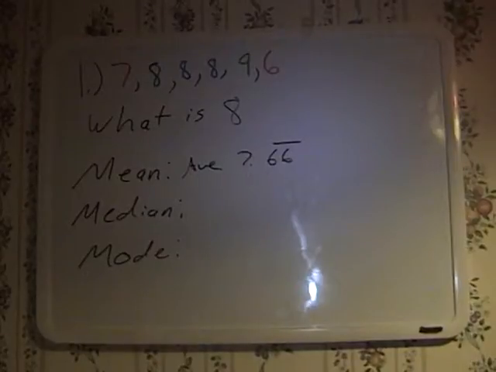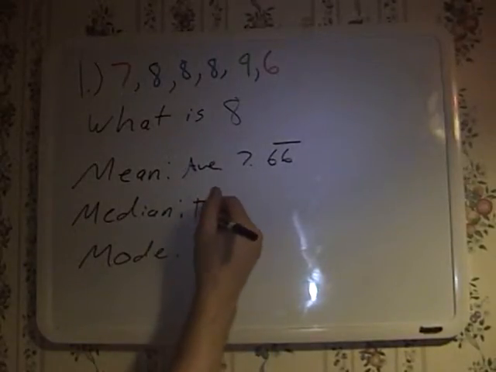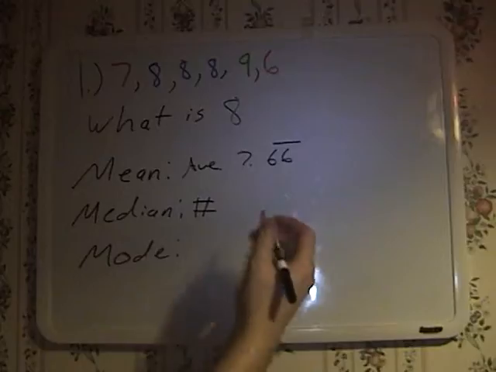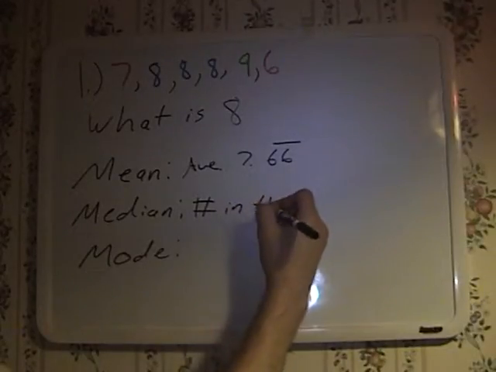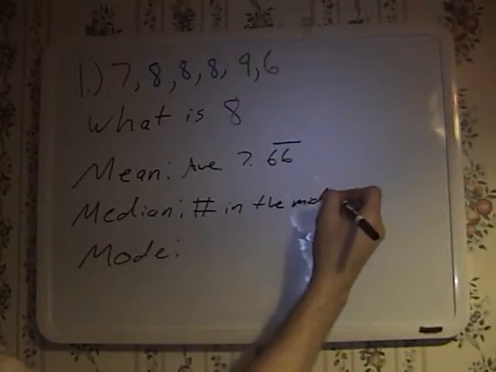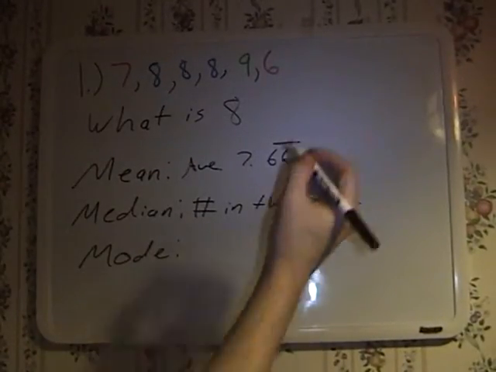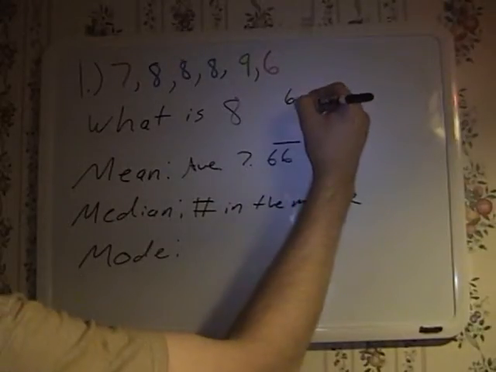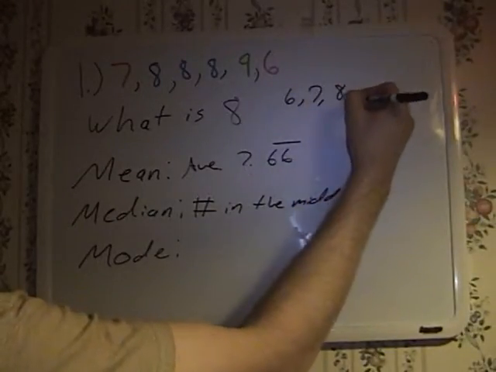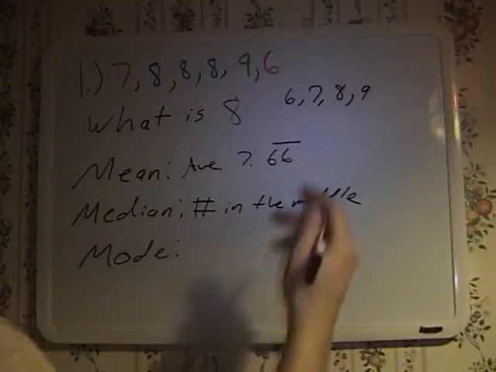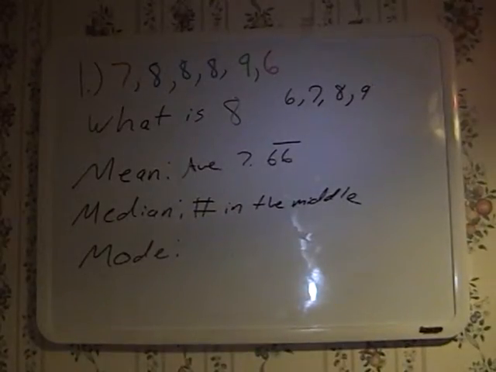Next term is median. That one sounds like it should be the average, but it's not. Basically it's the number, that is not a hashtag, that's the number sign, in the middle. In order to find that, we need to line these up numerically. So you have 6, 7, 8, and you don't have to repeat your 8s because it's the middle value.